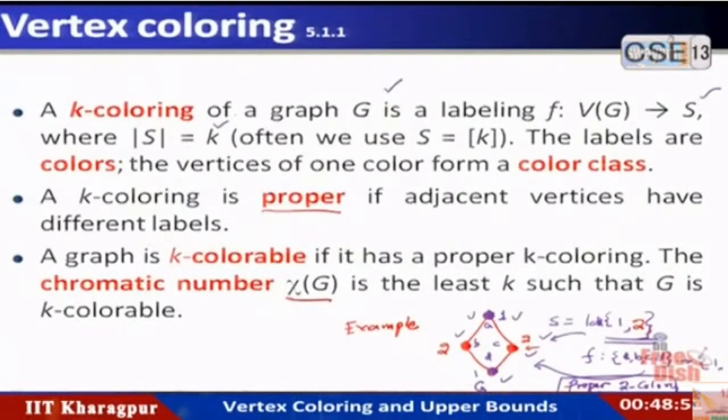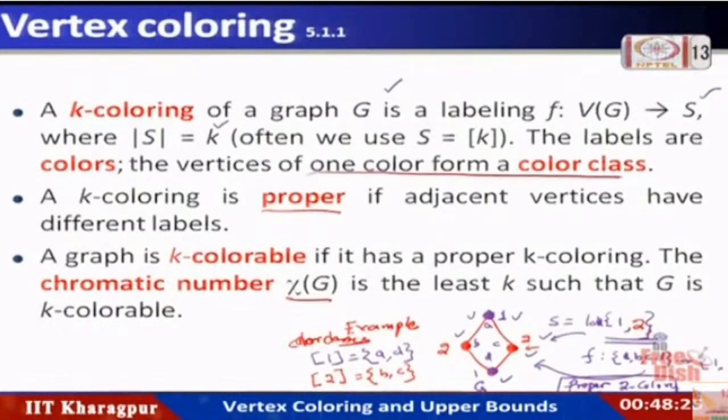The vertices of one color, for example the vertices having color 1, are represented as A and D. Similarly the vertices of color 2 are represented as B, C, and they are called color classes.